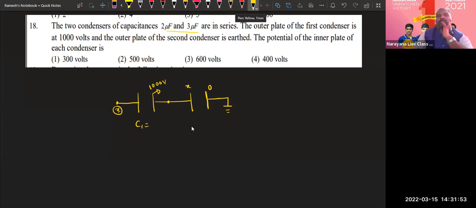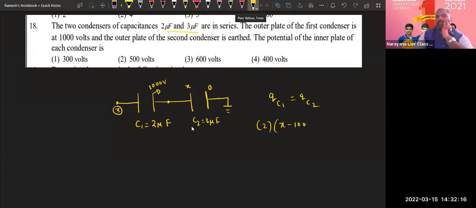So this capacitance is how much? 2 microfarad. This capacitance is how much? 3 microfarad. And the series combination rule: what is the series combination rule? Charge on C1 must and should be equal to charge on C2. What is charge on C1? Capacitance is 2 and potential drop is how much?